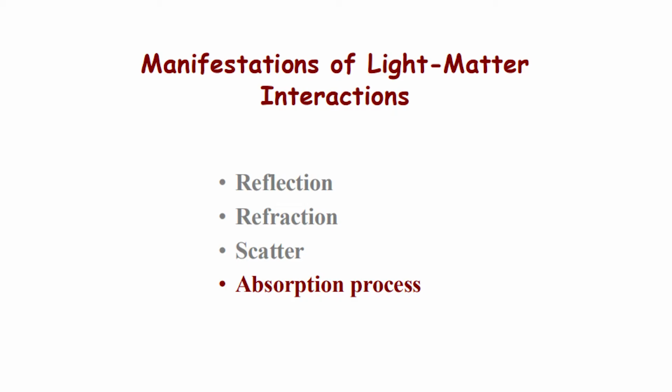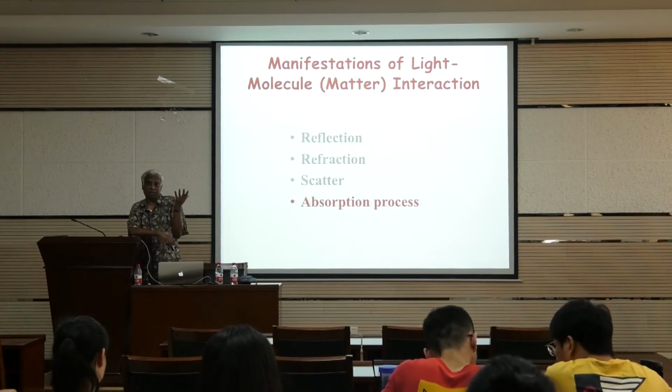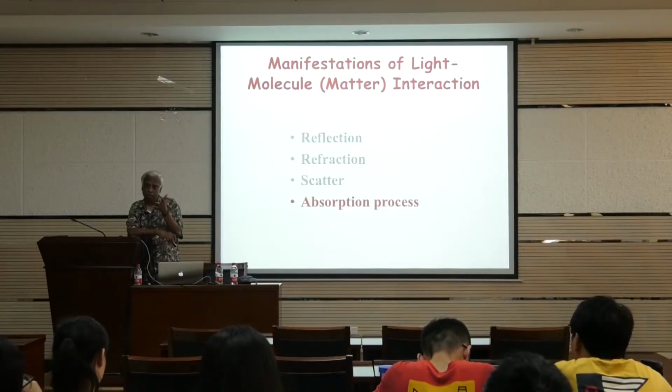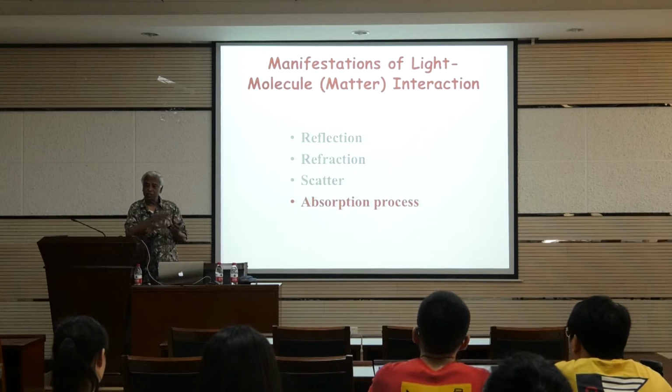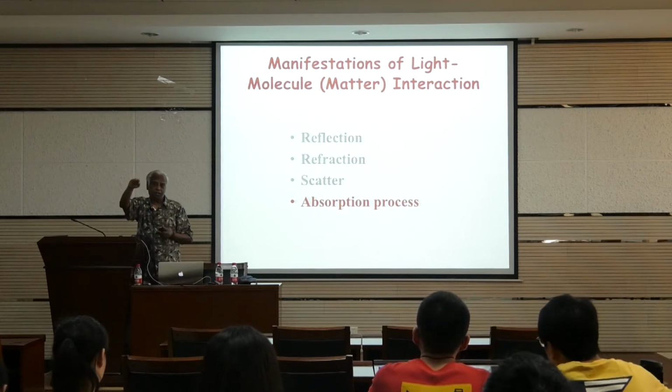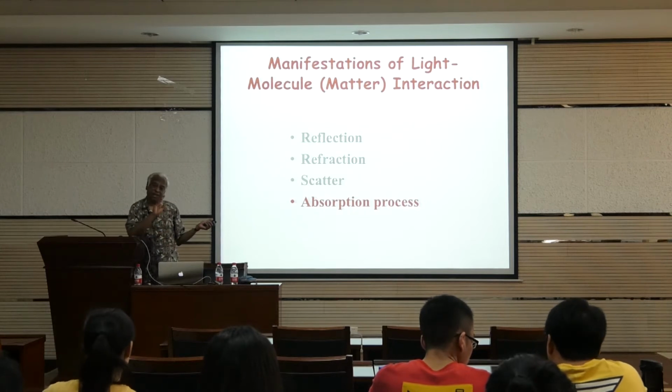You might have studied these in physics, in an elementary or general physics course. When light hits something, it can reflect. Sometimes a bright light hits a road or some stone, gets reflected, and hits your eye. Or it can undergo refraction, which means it gets deflected and goes in a different direction. Or it can scatter.